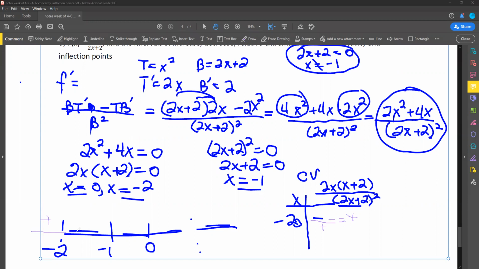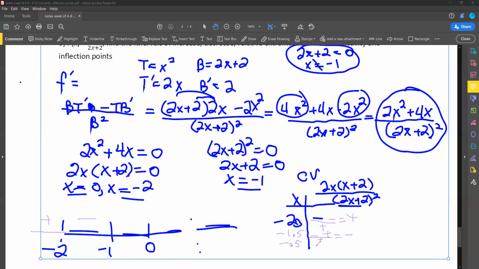Pick a number between -2 and -1, so -1.5. You don't care what the value is, just if it's positive or negative. I mean, you can plug it in a calculator, but 2 times -1.5 is negative. -1.5 plus 2 is positive, and we told the bottom was always positive. So you're going to get a negative. Pick a number between -1 and 0, so -0.5.